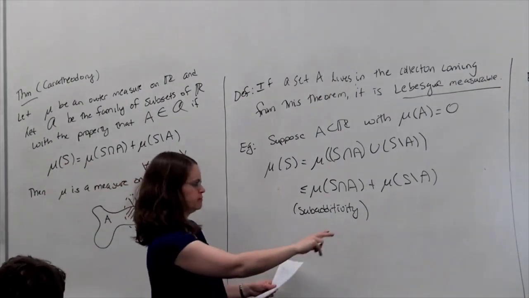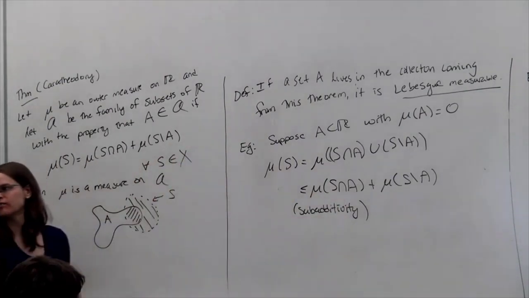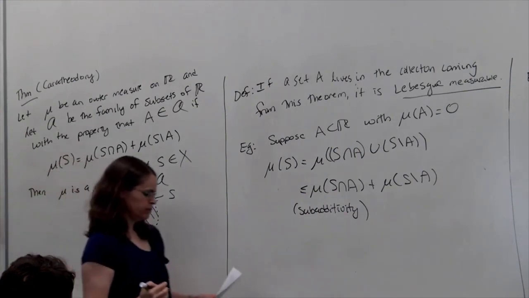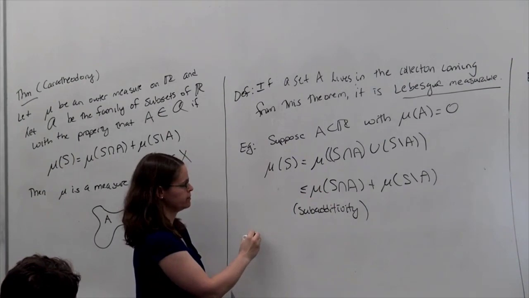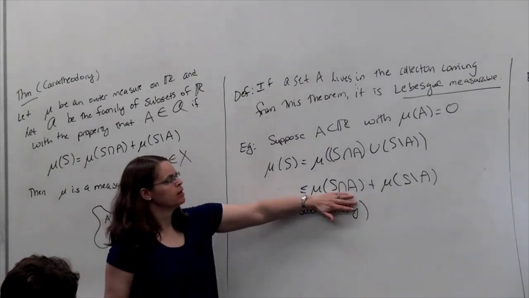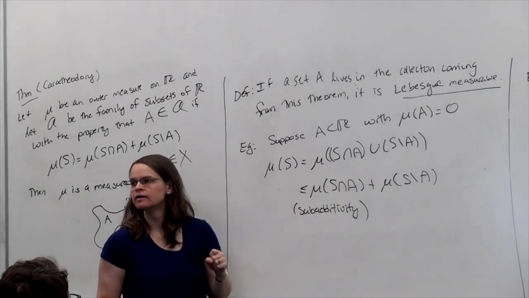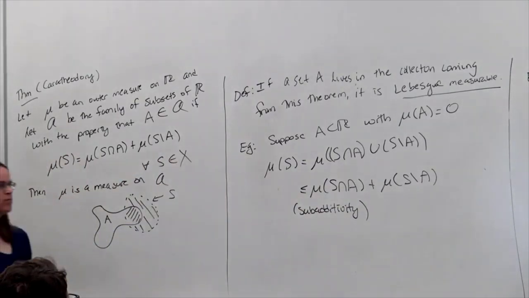Okay, so let's start with these and try to pin down what's going on here. Well, let's see. Let's start with this one. What is the outer measure of this set? Yeah, 0. Yeah, why? It's a subset of A, right.